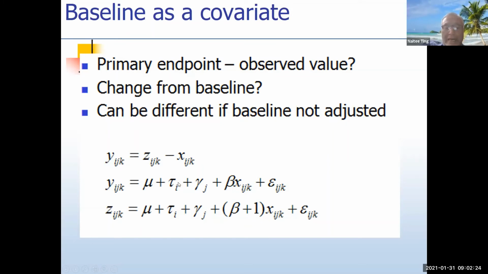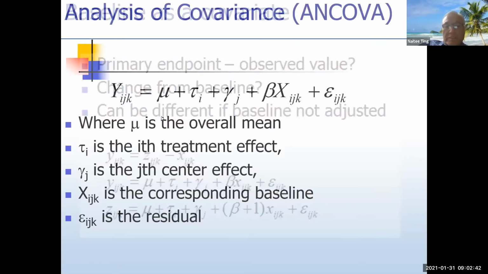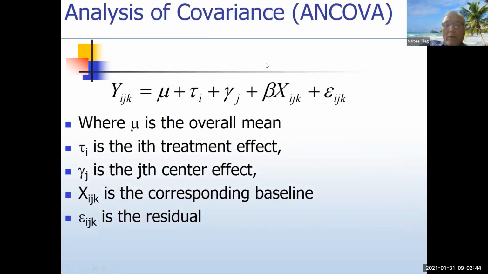And in that case, your treatment effect estimate is the same. So if you introduce baseline in the model, whether you're analyzing the last observation or the change from baseline to the last observation, your treatment effect is not changed. That's the first reason why we can include Xijk in the model.